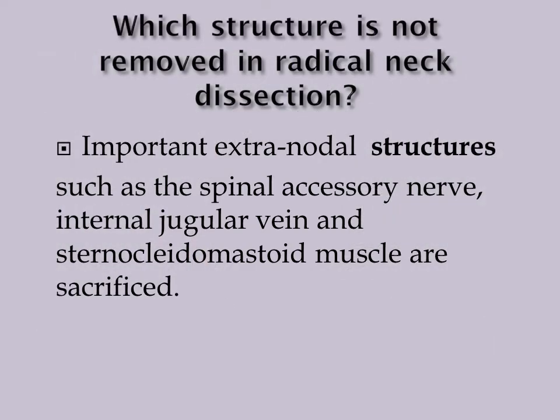Which structure is not removed in radical neck dissection? Important extranodal structures such as the spinal accessory nerve, internal jugular vein, and sternocleidomastoid are sacrificed.